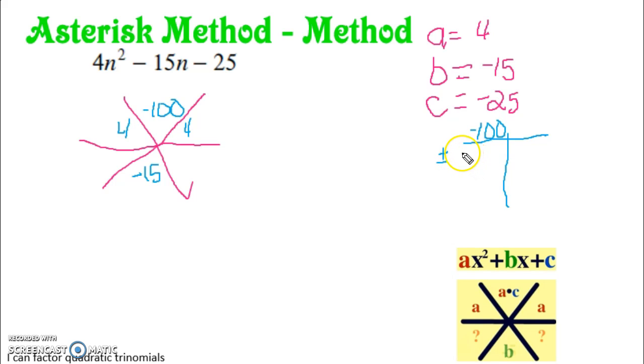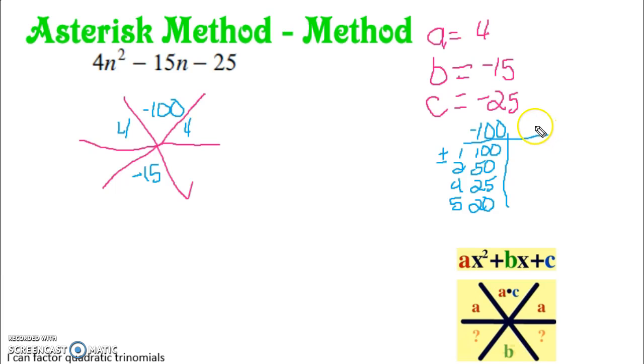Let's just talk about our factors of 100: 1 and 100, 2 and 50, 4 and 25, and 5 and 20. And we'll stop there. So there are our factors of negative 100. And remember, one of them has to be positive, one of them has to be negative. We're not really sure which one it is yet.